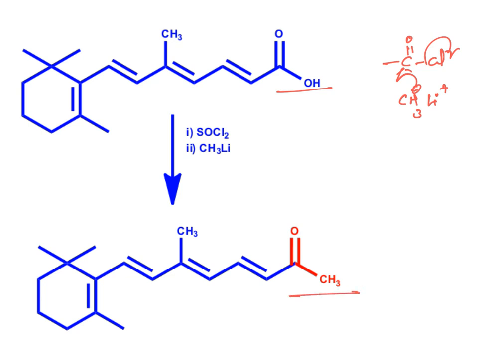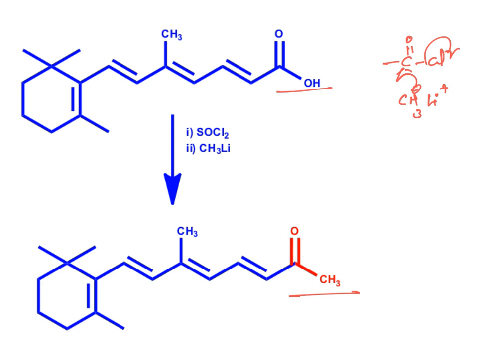By taking two steps: first, ionylidene crotonic acid reacts with thionyl chloride, which converts the carboxylic acid into the acid chloride. After that, reacting with methyl lithium, this acid chloride is converted into a ketone.